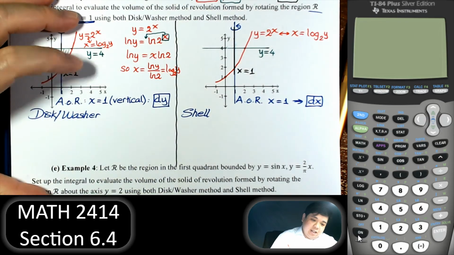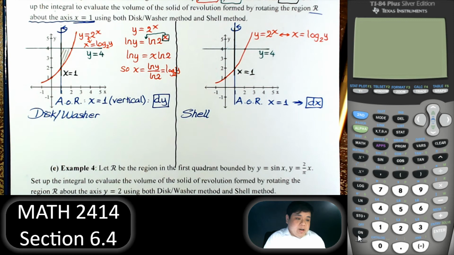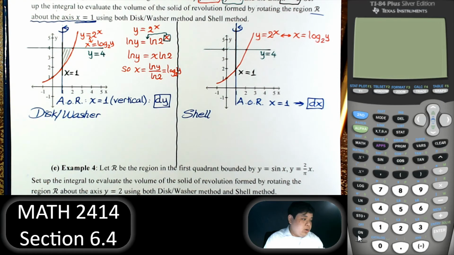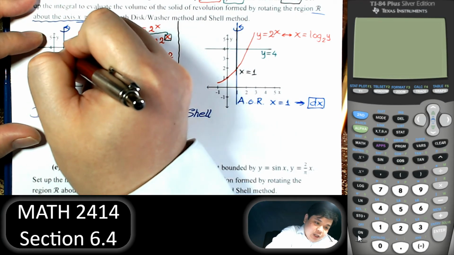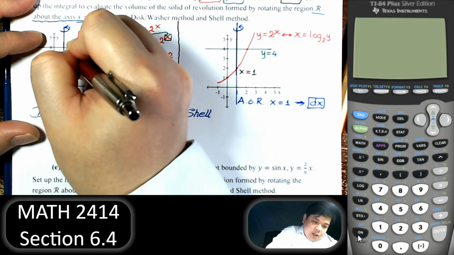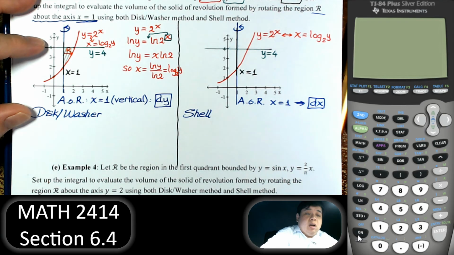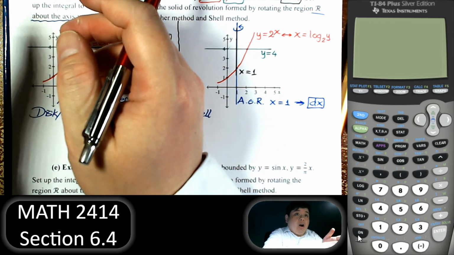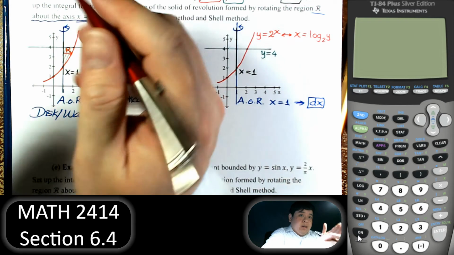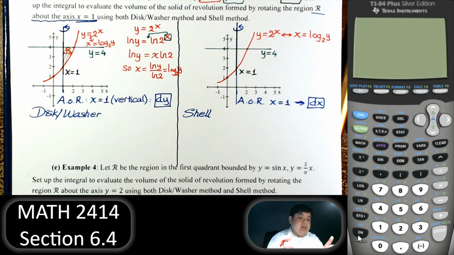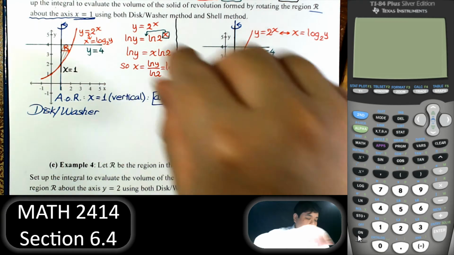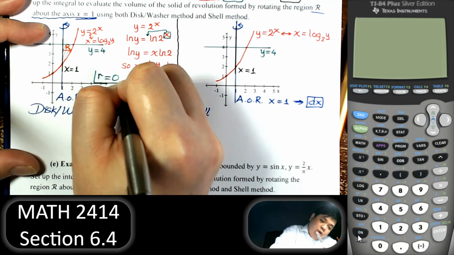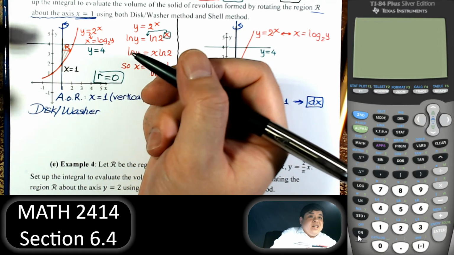Right. What is the big radius? The big radius from the axis of rotation to the outer edge. So here to the outer edge, that is R. The little radius, well, there's none, because the axis of rotation is part of the region R. Therefore, there's no gap between them, so there's no inner radius. r equal to 0, because from the axis of rotation to the inner edge, that distance is 0.